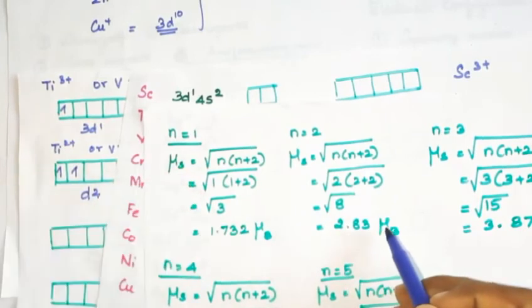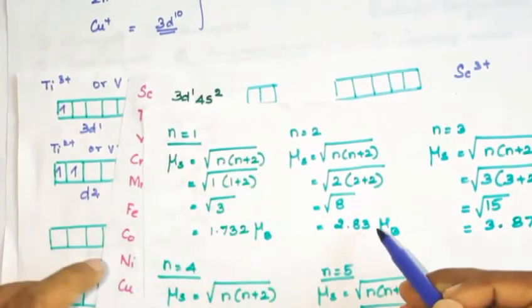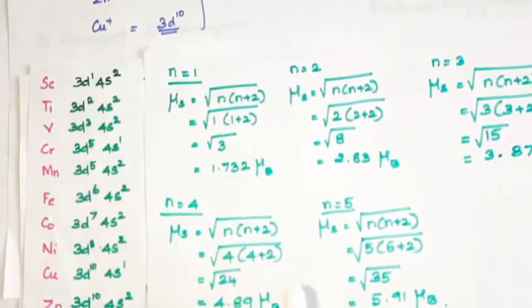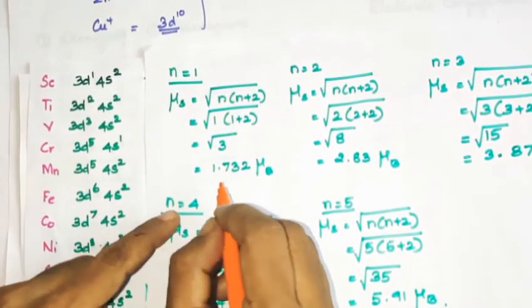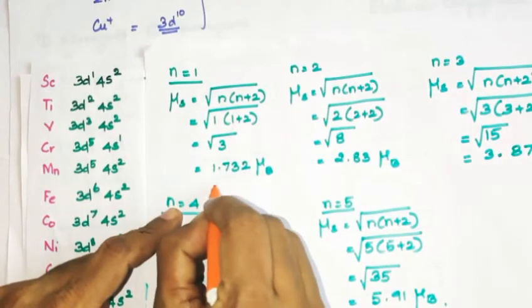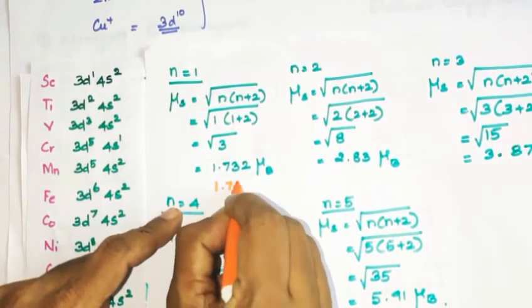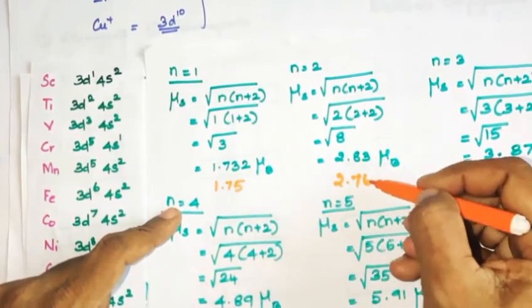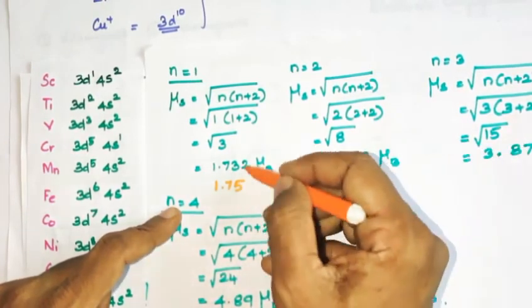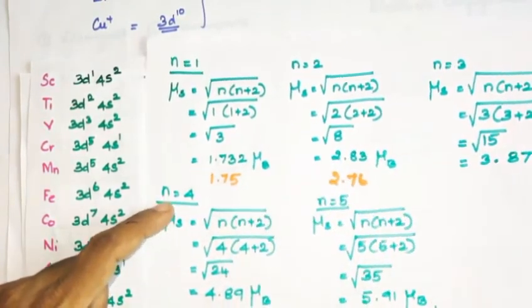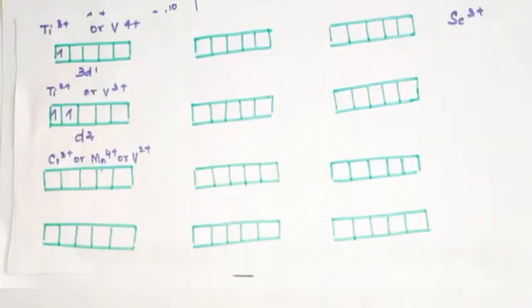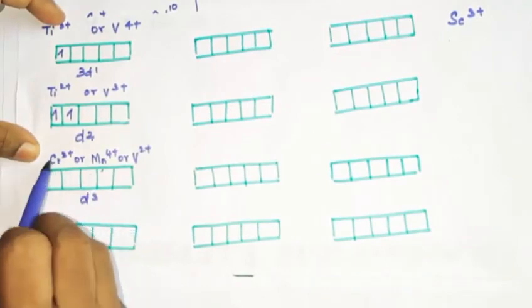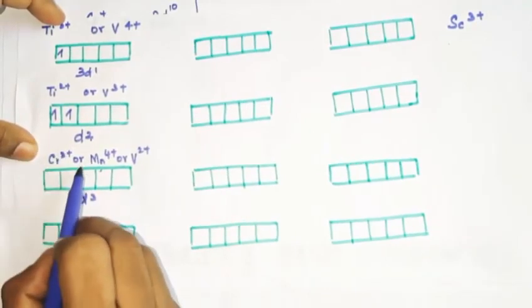Square root of 8, so that answer is 2.83 Bohr magneton. For the d1 configuration, 1.732 is the calculated value and the observed value is 1.75; for d2, 2.83 is the calculated value and the observed value is 2.86.